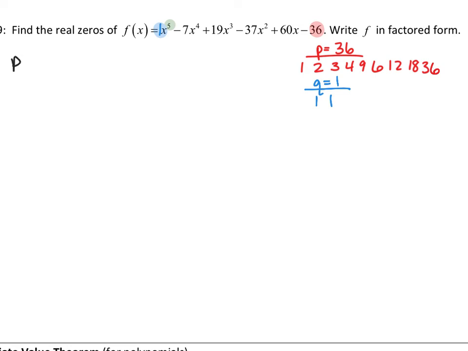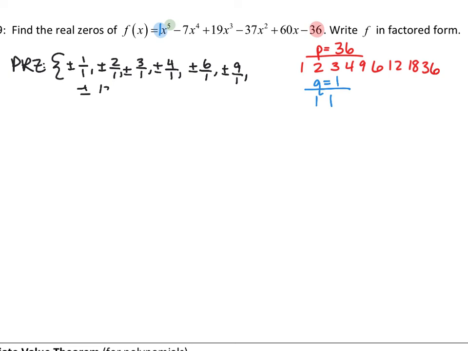So my list of potential rational zeros are as follows. Plus or minus, and I'm just going to do it all in one color so I don't have to switch. I'm so sorry. 1 over 1, plus or minus 2 over 1, plus or minus 3 over 1, plus or minus 4 over 1, plus or minus, I did those out of order, 6 over 1, plus or minus 9 over 1, plus or minus 12 over 1, plus or minus 18 over 1, and plus or minus 36 over 1.